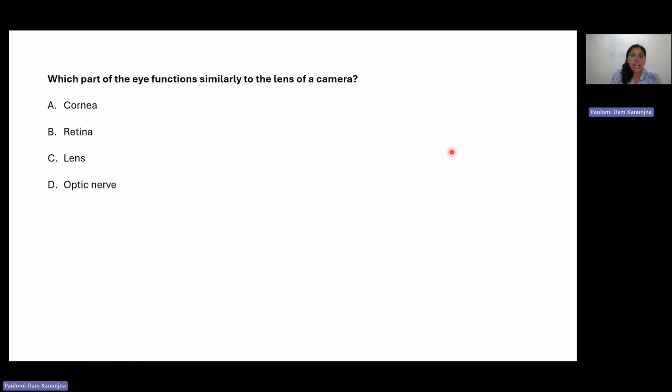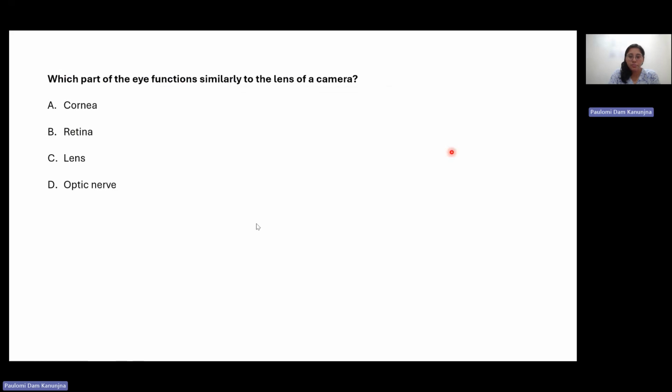Now, which part of the eye functions similarly to the lens of the camera? If you remember, this is what I wanted to tell you when I was comparing the eye and the camera. So this question asks the same thing. When you are done answering, we can go over once again the similarity between the eye and the camera.